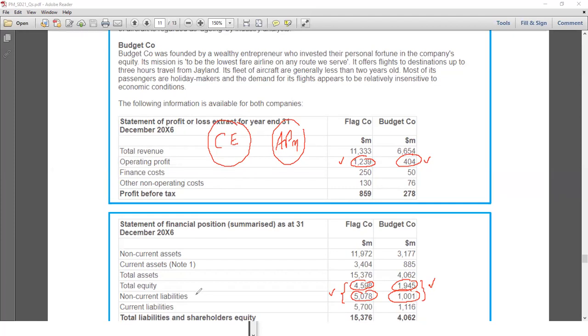Okay, when I did that, I got different figures. I was a bit confused. My answer was different from the solution. 15,376 minus 57 is different. Hello, I'm calculating them again. 15,376 minus 57.